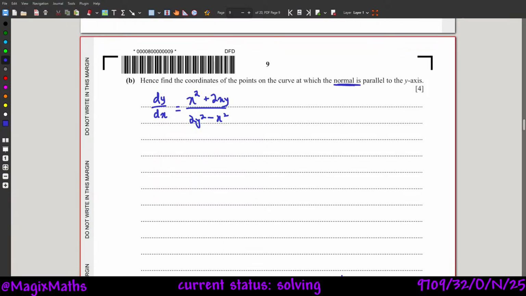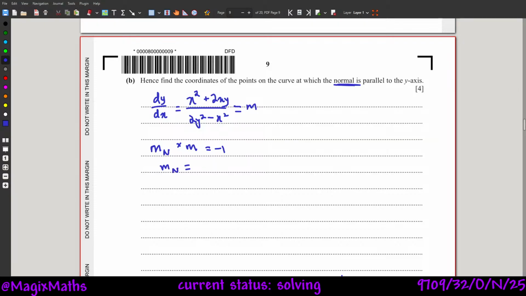When we say the normal, this is a gradient of the normal. And the gradient of the normal should be perpendicular. There's a formula that relates these gradients. The normal times the gradient is equal to -1.